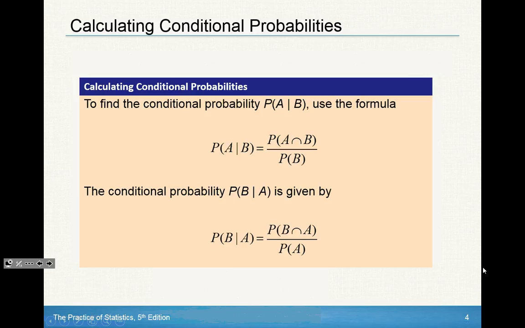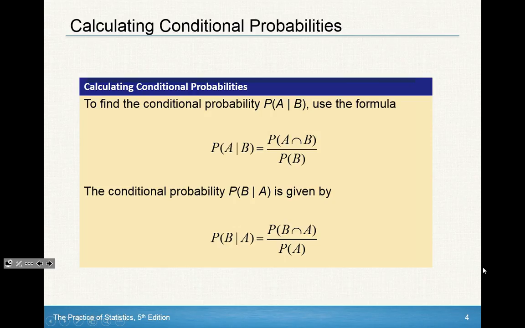To calculate conditional probabilities, we have the formula to find the conditional probability of A given B. You want the probability of A intersection B on the top, and then you divide that by the probability of B. And vice versa, if you switch B and A, you still want the probability of the intersection of B and A on the top. The probability of A intersection B versus the probability of B intersection A should not be any different.